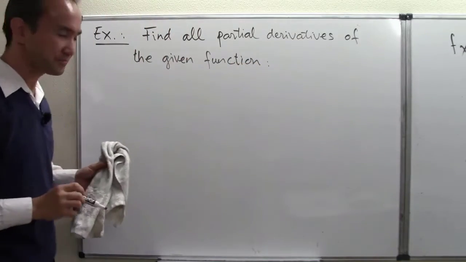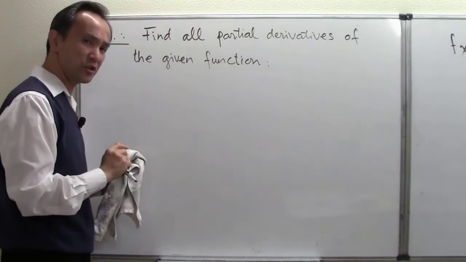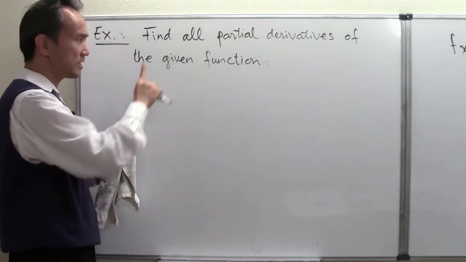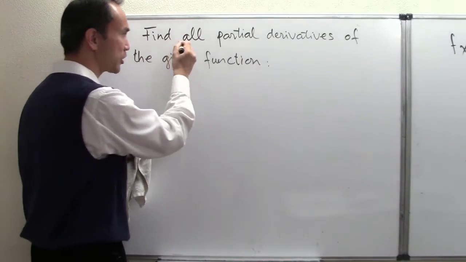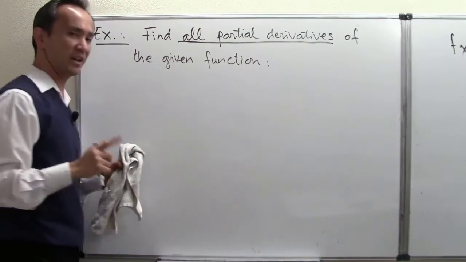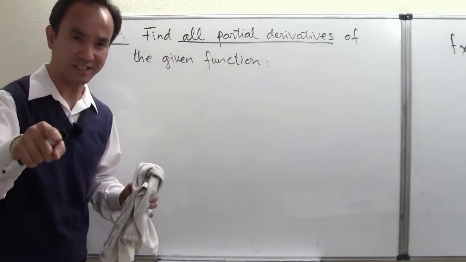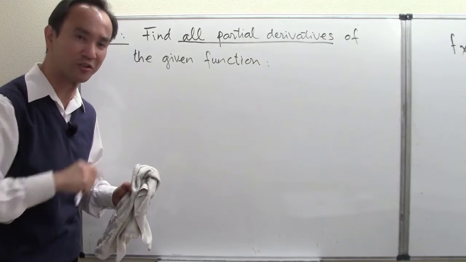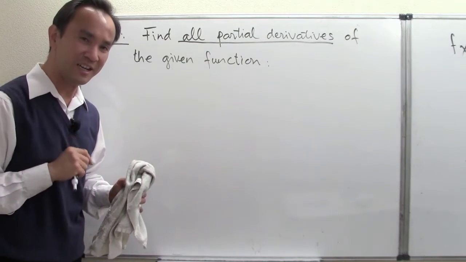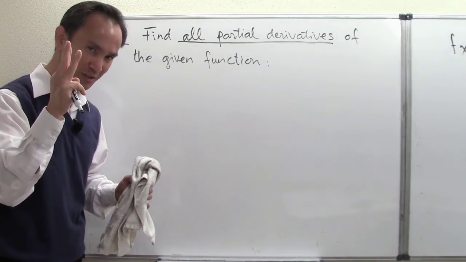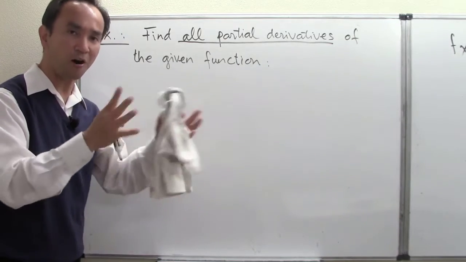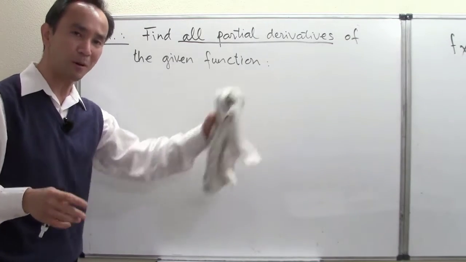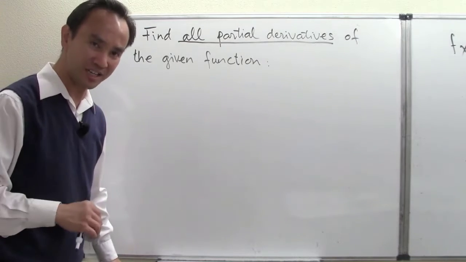Now look at how the instruction is worded. I want to find all partial derivatives, and I mentioned that earlier. If a function is given as a function of two variables, then all partial derivatives means we have two partial derivatives to find. If a function has three variables, then we have three partial derivatives to find, and we will get to that.